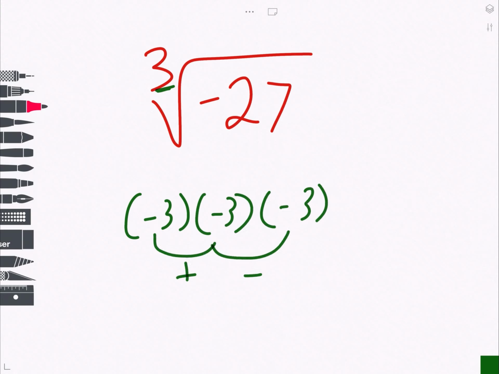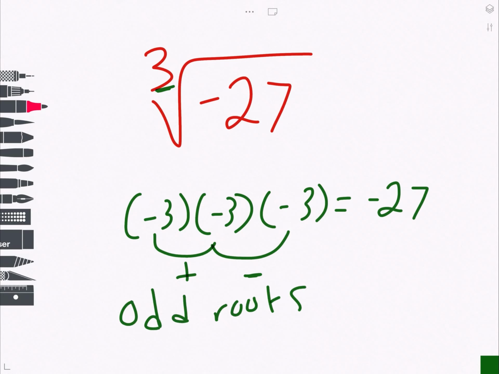A negative times a negative is a positive, times another negative is a negative. So you can get out that negative if you have an odd root. If you have even roots, that's where you end up with not real solutions. But with an odd root, you'll always be able to get a real solution.